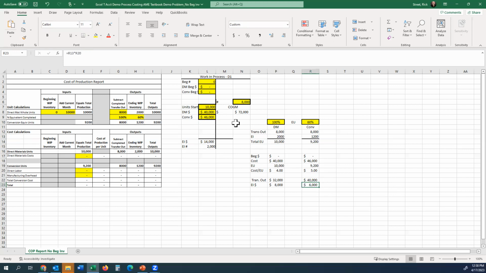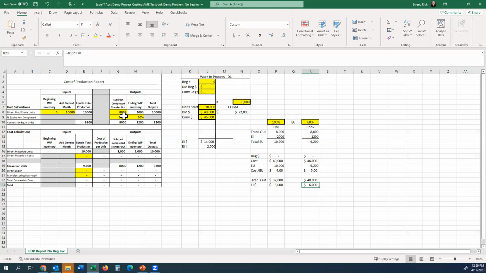Total of 8, 6, 14, and we are in balance. The journal entry to the next department will be the transferred out only. So we will debit work in process department 2, or the next department, for $72,000, and we will credit work in process department 1 for the $72,000.